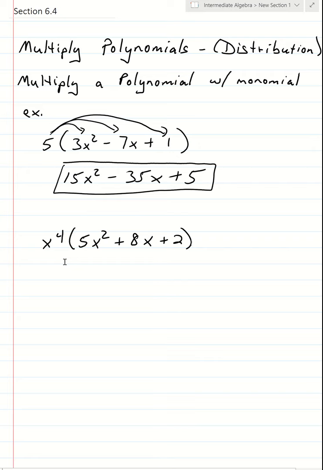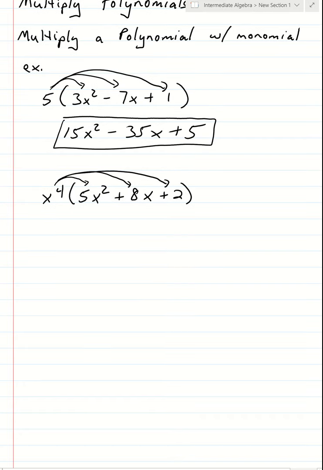Now I would have to use the distribution property and distribute the x to the 4th on all of our terms. But we have to keep in mind that law of exponents: when I am multiplying the variable, we have to add the powers. Okay, so don't forget, a to the m times a to the n equals a to the m plus n, from the beginning of chapter 6.